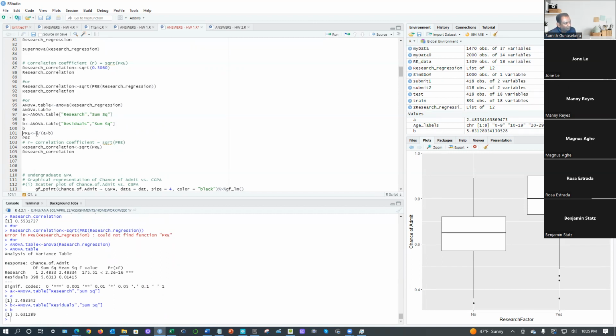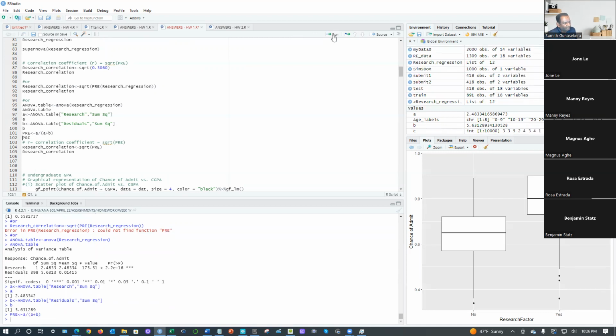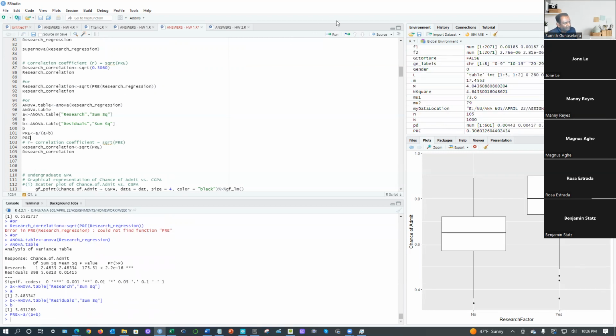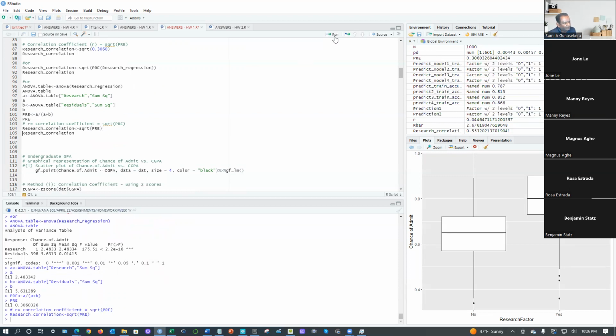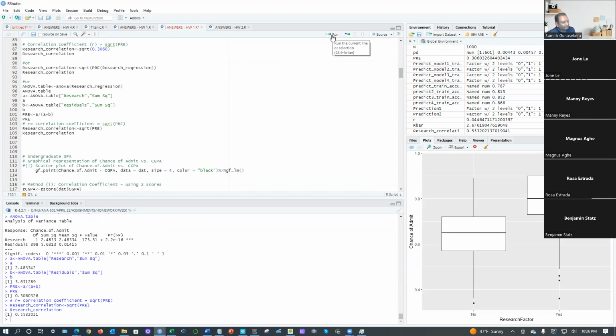If you add those two and divide 2.4833 by the sum of those two, that's the PRE. And correlation is the square root of the PRE. It's the same thing.